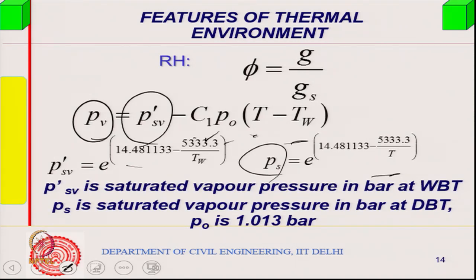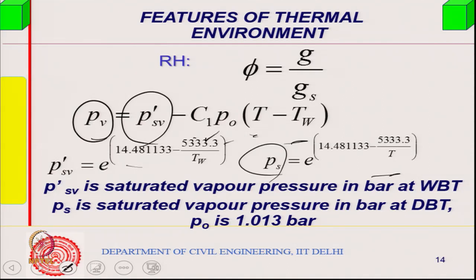PSB is the saturated vapor pressure in bar at WBT, and PS is the saturated vapor pressure in bar at dry bulb temperature. 1 bar is 1 atmosphere, or P0 is 1.103 bar, it is taken nearly 1. Now you have got PV.